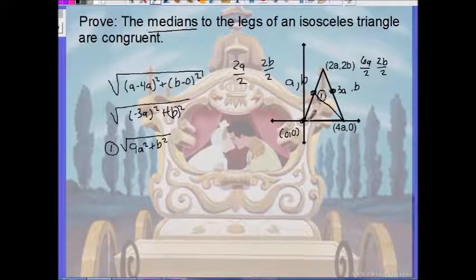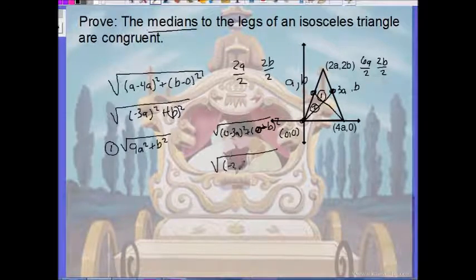My second median, let's draw it in. Let's find that distance. The square root of x1 minus x2 squared plus y1 minus y2 squared. That gives us the square root of negative 3a squared plus negative b squared, which is the square root of 9a squared plus b squared.